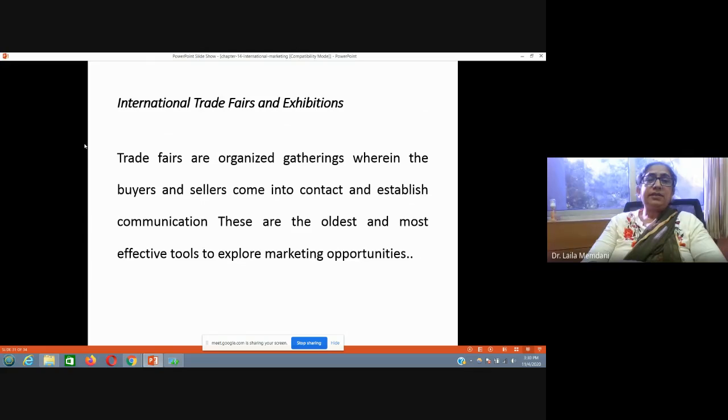International trade fairs and exhibitions, these are also common. And the oldest form, you go and exhibit your product, buyers will come to know about your product, the features of your product, the advantages, the price, and other details, and you may get new orders, or you may sell it there itself.